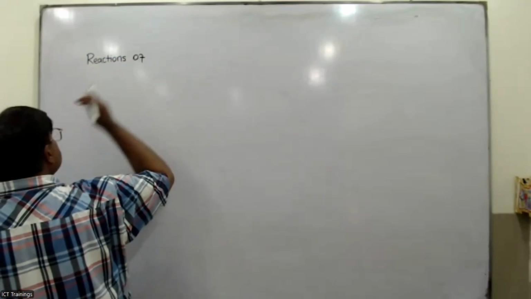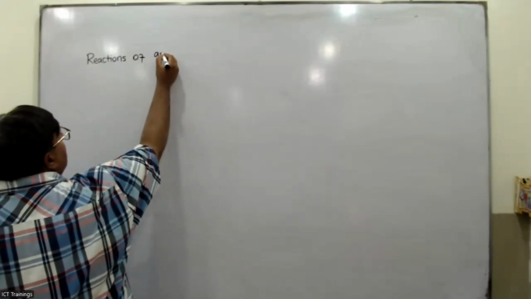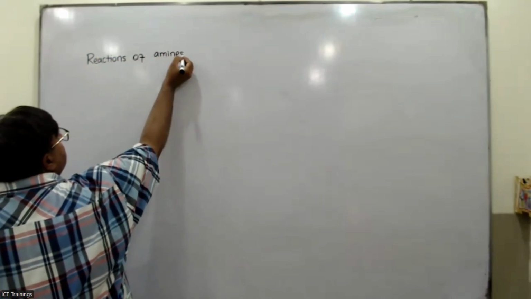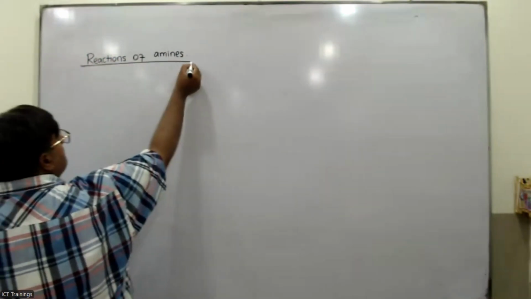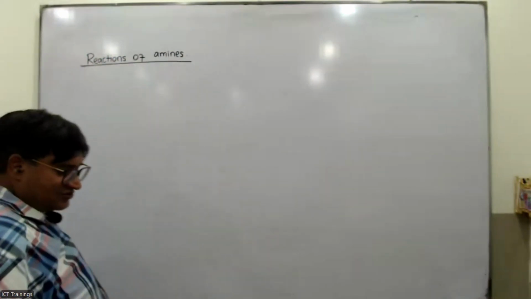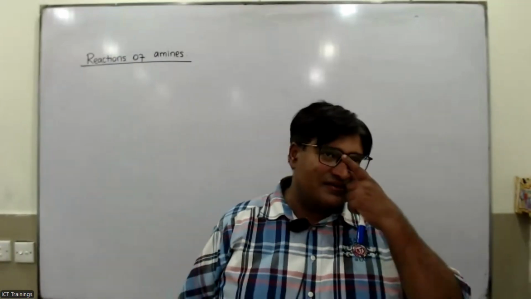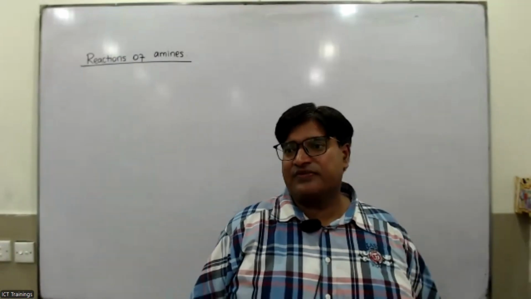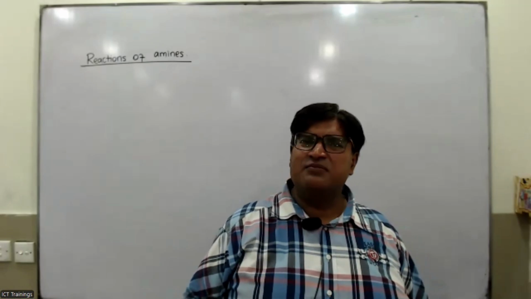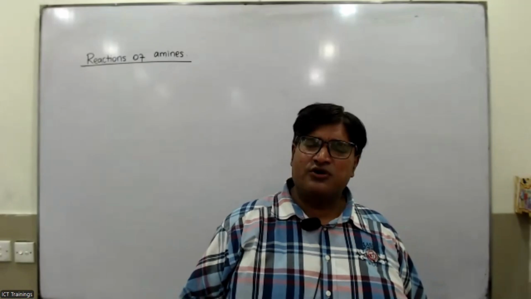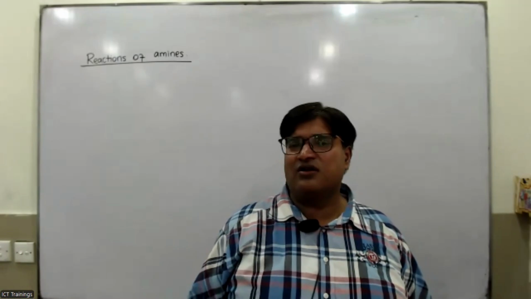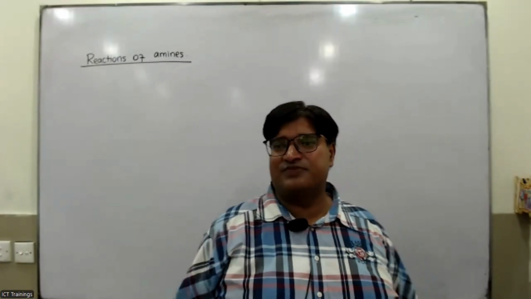Now we are going to start the reactions of amines. Okay, my dear students, amines basically act as a base. Just like ammonia, they are proton acceptors. So they are called bases.